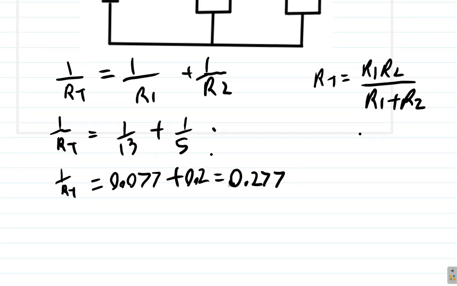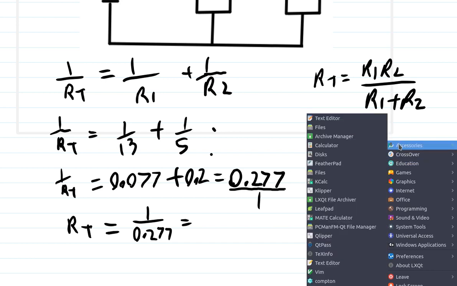1 over RT is the same as 0.277 over 1. So when we find the reciprocal of both, RT over 1, which is just RT, would be 1 divided by 0.277. So what is that equal to?